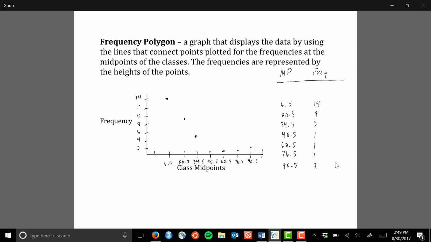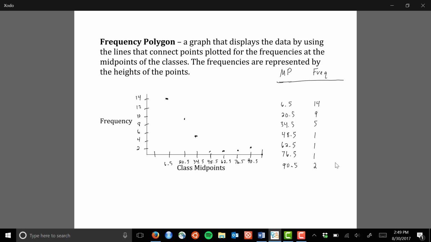Another small detail that I need to remember when I'm creating my frequency polygon is that I want to add 2 additional midpoints, one before the first class and one after the last class, so that I can get my frequency polygon back to 0. After we've computed all these midpoints, I need to add 2 additional midpoints for hypothetical classes that we didn't observe.